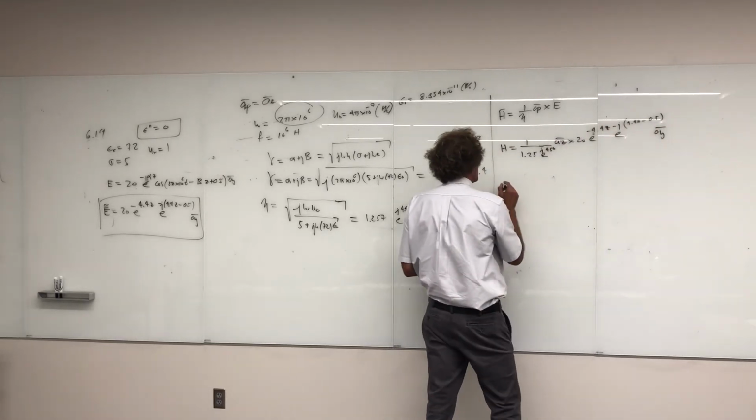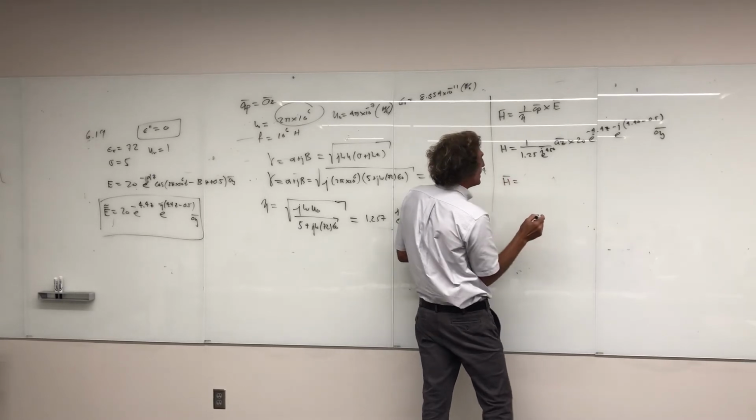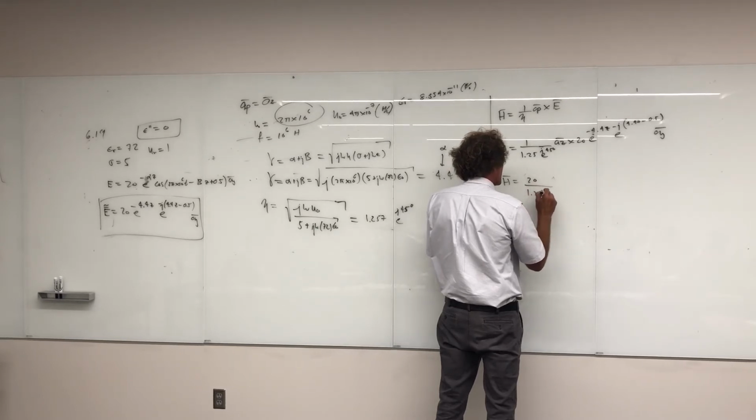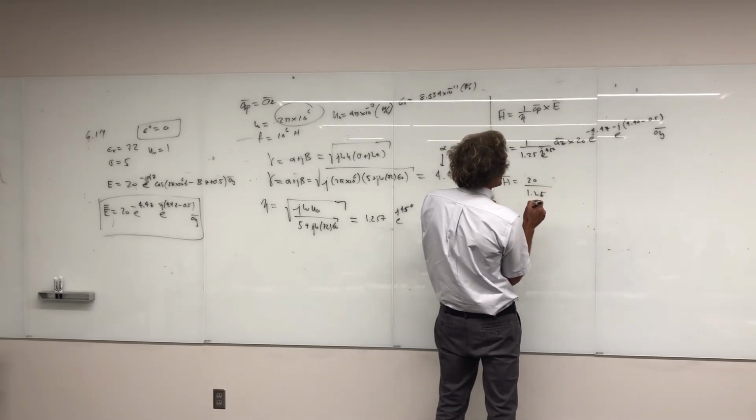So when we do this, we find H equals, first thing I'm going to do is take 20 out in front. I'll take 1.25 out there too. We'll do that math in a second.